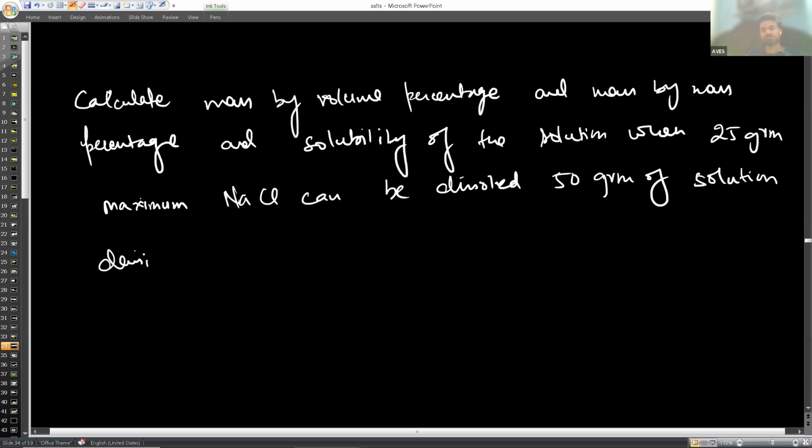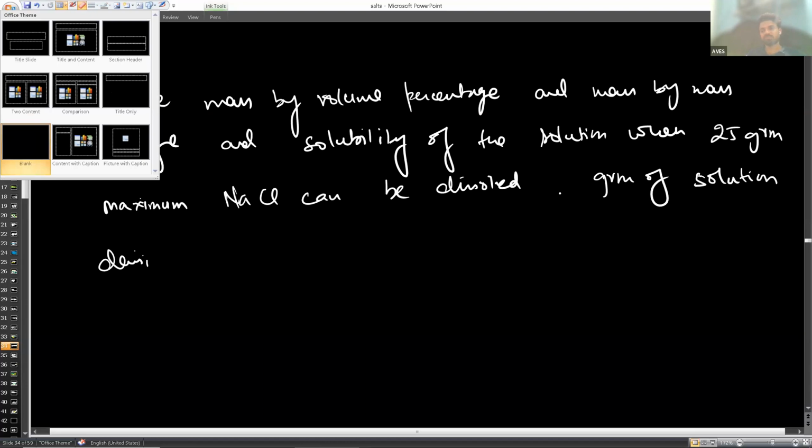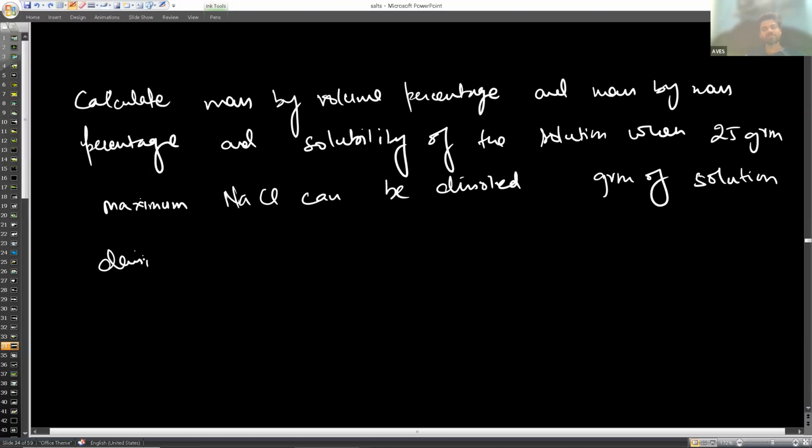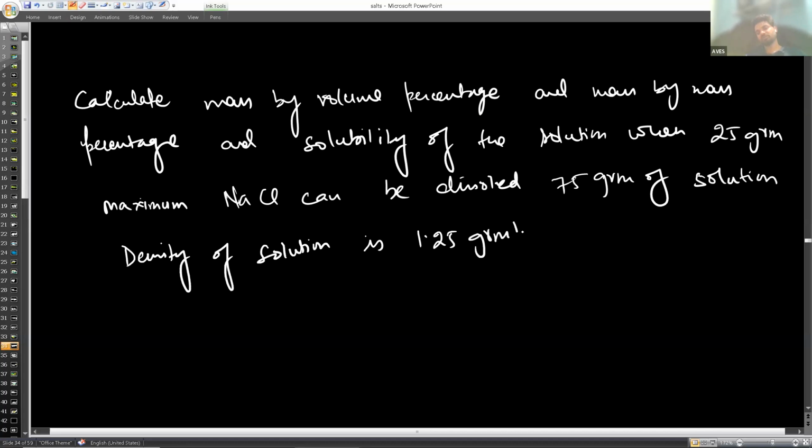Density of solution is 1.25. Did you take out of 50, did you take 75 here? The density of solution is 1.25. Please note it down.